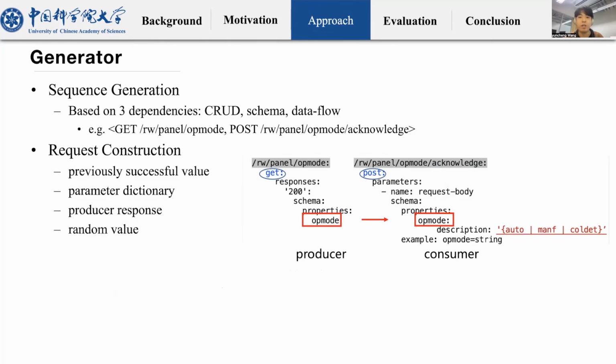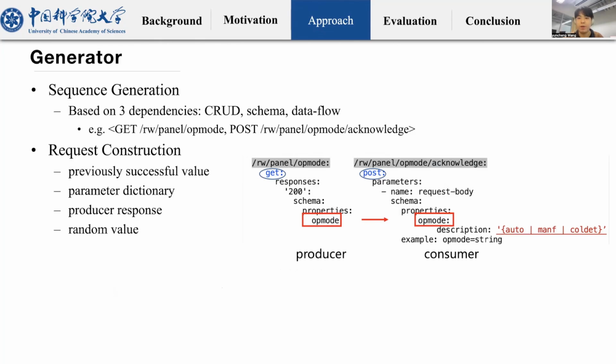After generating the request sequence, we need to provide input parameters for each request to ensure it can be processed by the server. RESTler assigns values to input parameters based on these rules. First, if the request has been successfully executed before, we reuse the parameter values from the last successful run.